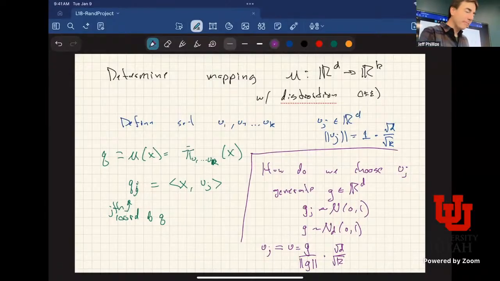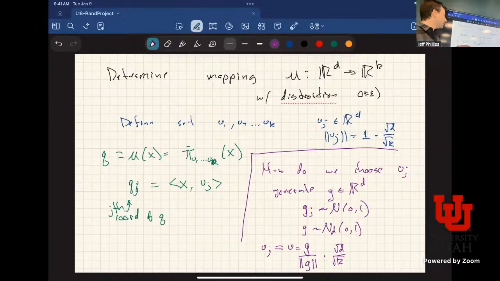I've basically explained the whole algorithm here. Hopefully it's very simple. Again, I fill up these k vectors that are d-dimensional Gaussian vectors. Each coordinate is a normal. And then I normalize them and scale them by the square root of d over k.